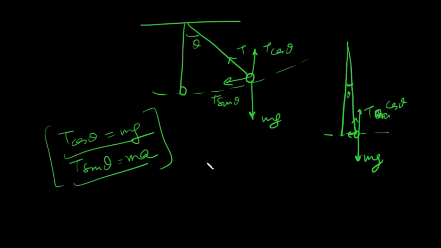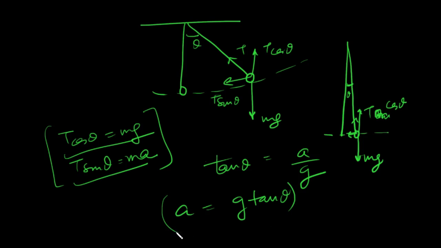So here we can see, if we just divide these two equations, tan theta will be a over g, and a will be equal to g tan theta. Now you see this acceleration is what is called a restoring force.